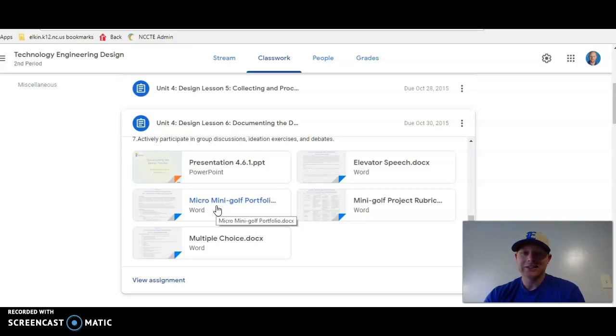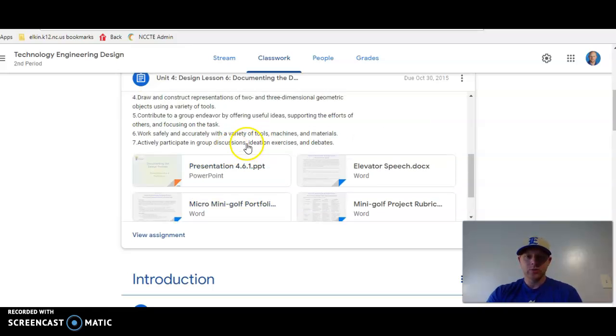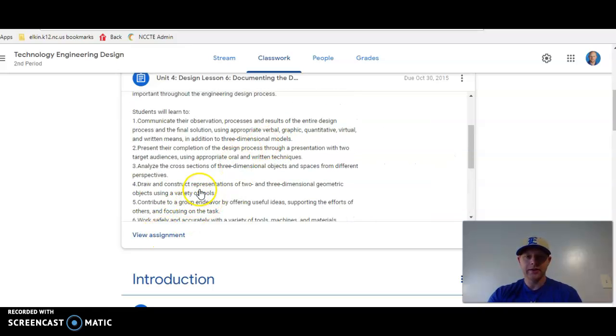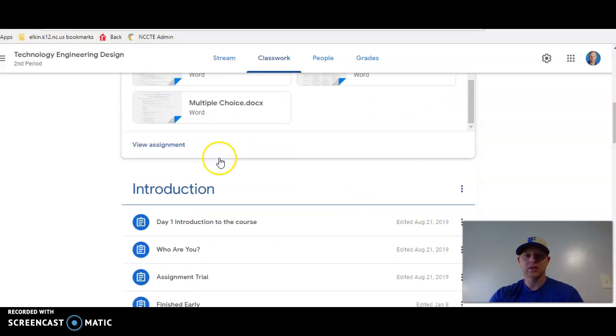Today, what I would like for you to work on is to open the presentation, read through the presentation, and then answer these multiple choice questions that go with it. Once you get done with those, go ahead and submit those in Unit 4, Lesson 6.